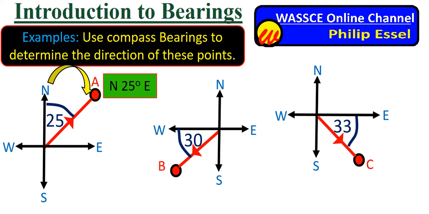Let's look at the second example, point B. It is at a position between the south and the west pole. So clearly, it will be at a position southwest. But we need to know the exact angle at which it is located. Now, when you look at the diagram given to us carefully, you realize that 30 degrees has been given.